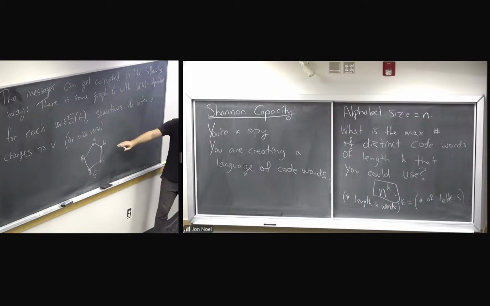The idea is if I try to send the message A, D, C, you transmit it down this line, and things can get messed up. So maybe they'll actually receive the message A, E, D.